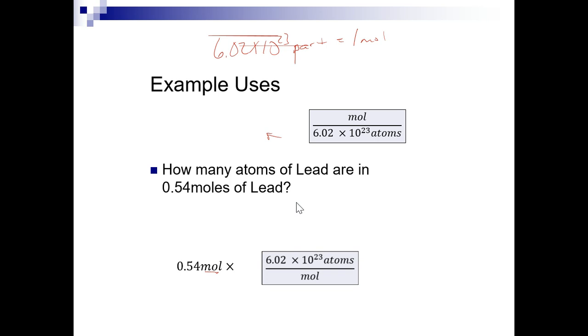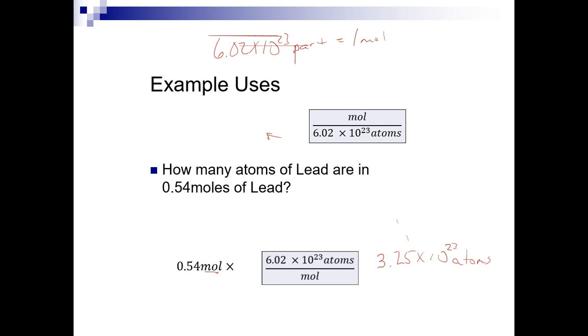And voila, if I had 0.54 moles of lead, I would have 3.25 times 10 to the 23rd atoms.